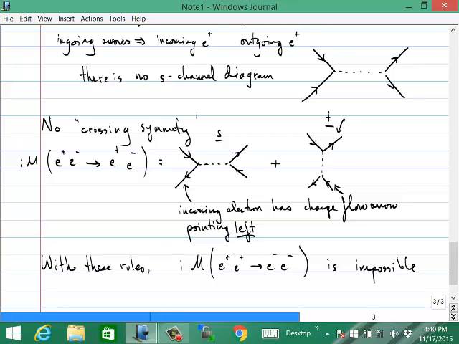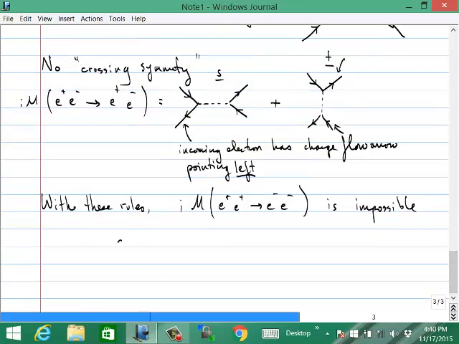Now, if you just thought about it intuitively, that process would violate charge conservation, because you start out with a state with 2 units of charge, and you end up with a state with minus 2 units of charge. I challenge you to start trying to draw Feynman diagrams of the following form. What would a Feynman diagram look like which described a positron-positron becoming an electron-electron?